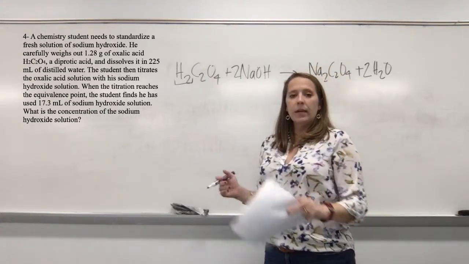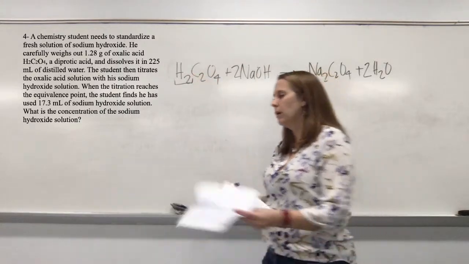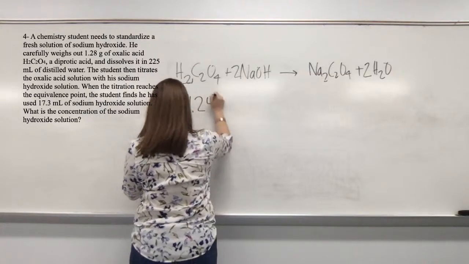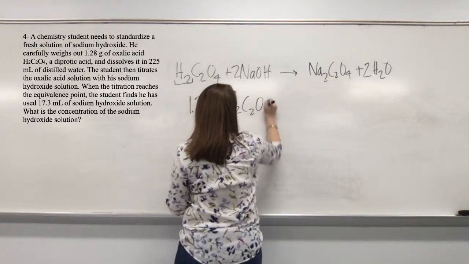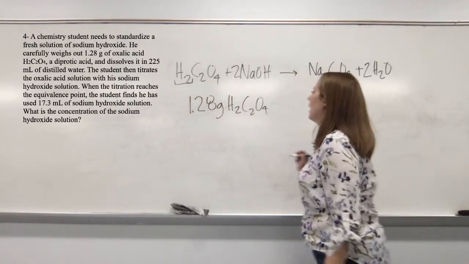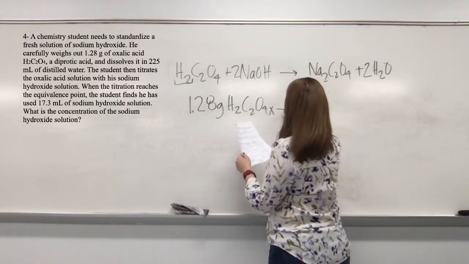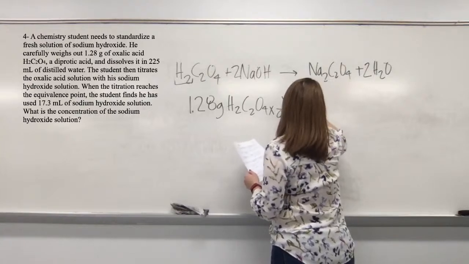So what we're going to do is, in this case, we are provided with a weight of 1.28 grams of H2C2O4, and we need to convert that into moles. The molecular weight of oxalic acid is 90.04 grams in 1 mole.